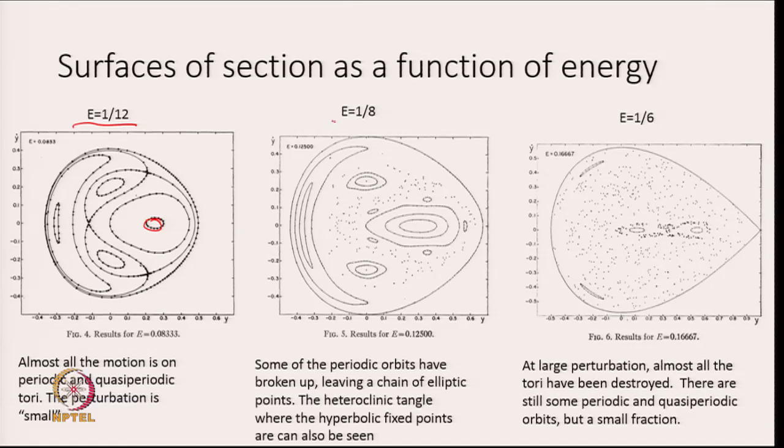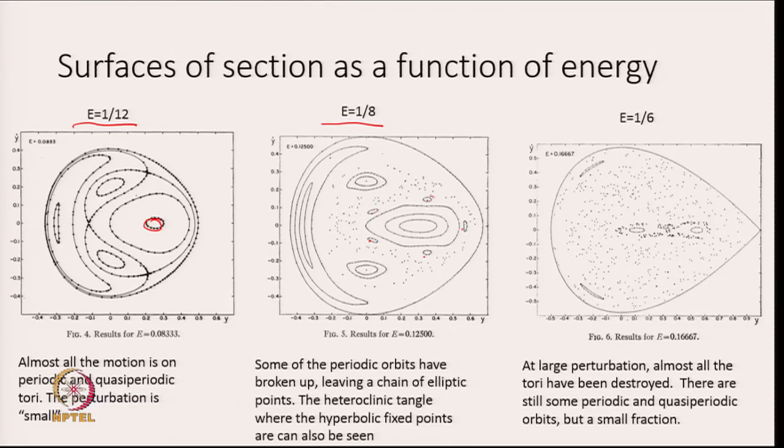At a higher energy of 1/8, you find that now some of the rational tori have broken up, leaving behind the stable and the unstable points.